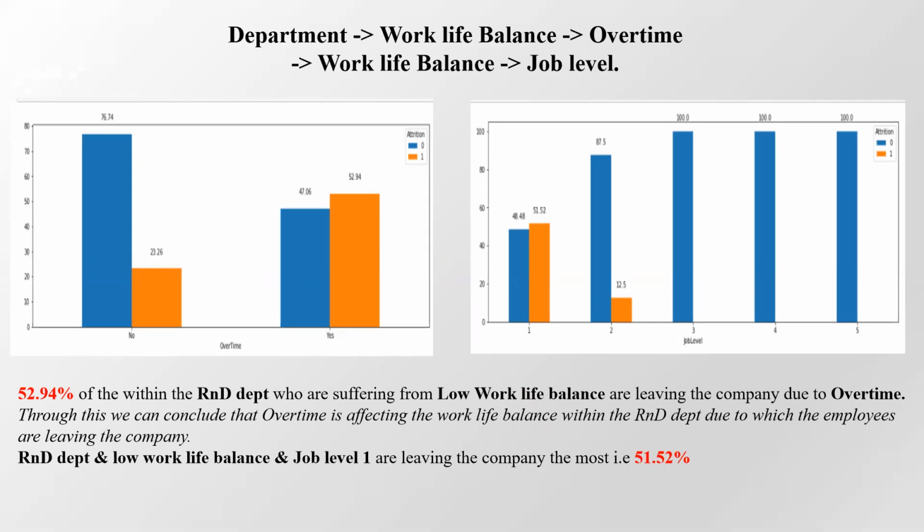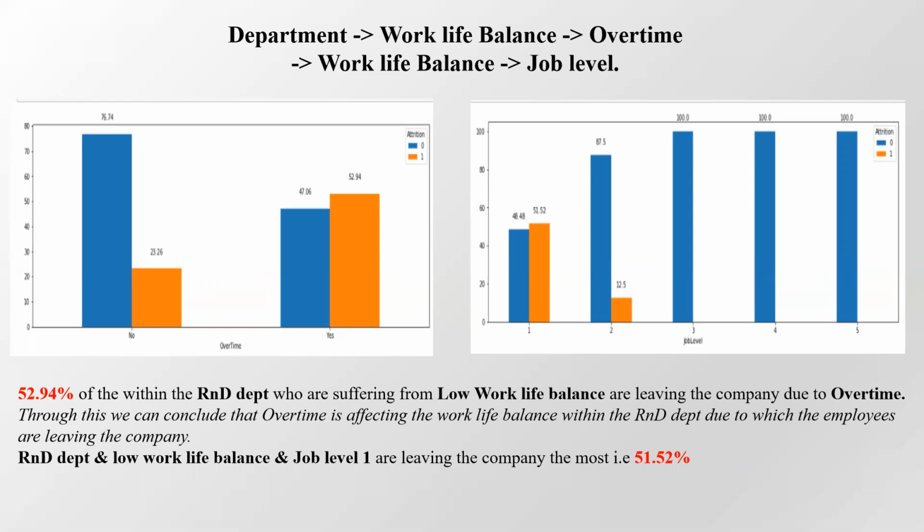So now we further drill down into work-life balance with overtime and then job level, drilling down for the employees within the R&D department who had low work-life balance and had overtime. We found that 52.94% of such employees were leaving the company, which is a pretty high number.